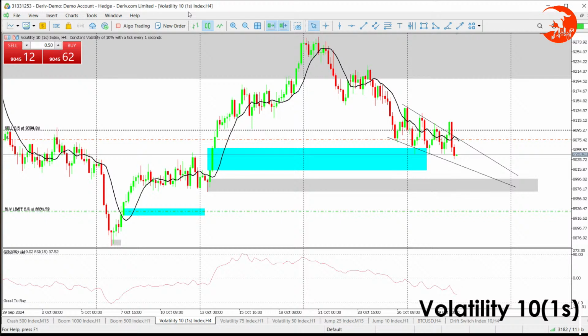Get to understand it. So currently I should be able to move out of it. In fact, I'll put my TP there. There's a possibility of it not exceeding that level.